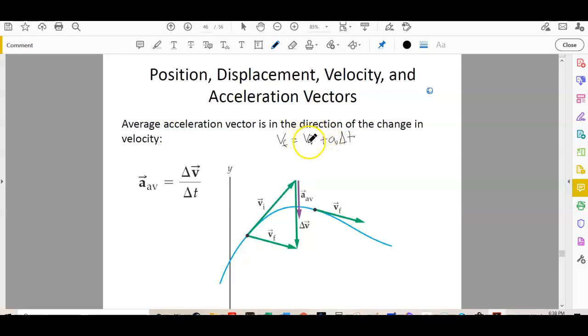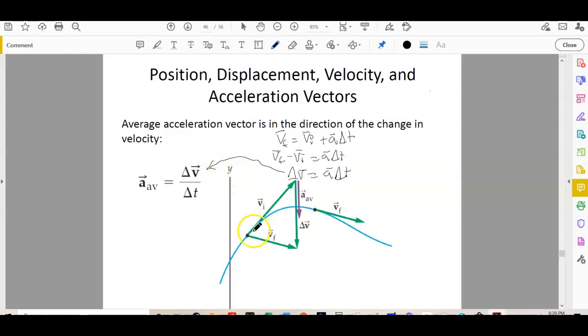Well, if I subtract the initial velocity to the other side, you get v final minus v initial equals acceleration delta t. And so delta v is equal to the acceleration delta t. And I should put vectors on these, especially since we're talking about vectors. And so when you solve for acceleration, you get this.